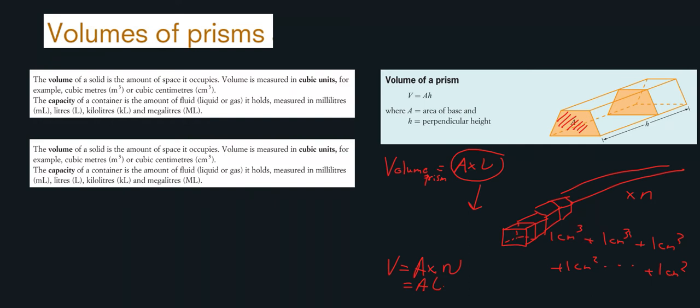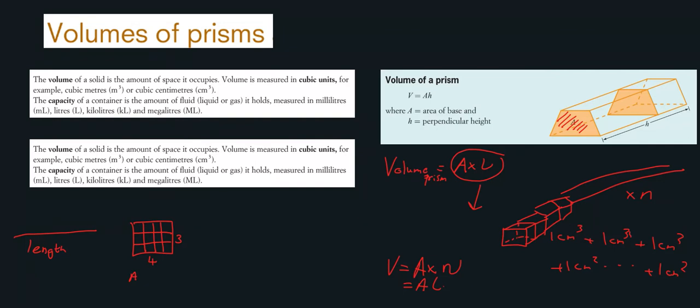So let's just recap. If we've got a straight line, we can measure that. That's the length. If we want to find the amount of squares in this shape, that is a width of 3 and a length of 4.